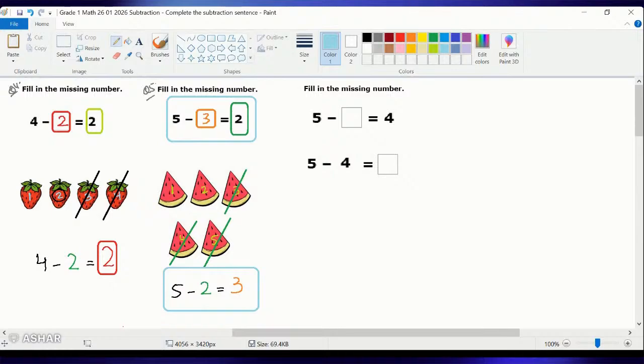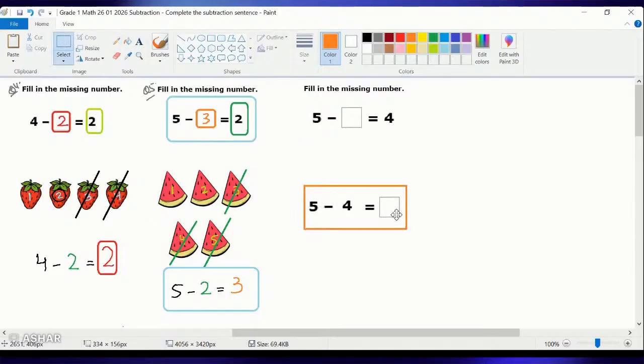We know that the second statement is this, right? This is easier. So we can say 5 minus 4 should be equals to, yes, it should be equals to 1, right?